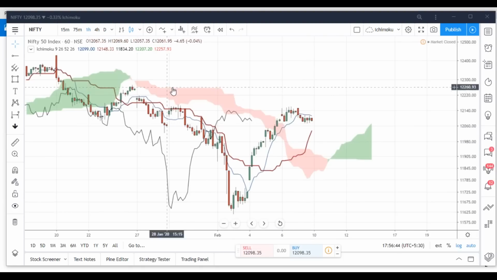And here one can see there is a flat cloud top which can act as resistance, at the level of 12,255. So keep this in mind. This flat level was held for a longer time, so there is significance to this level. Whenever Nifty reaches around 12,255, please pay attention to this level.